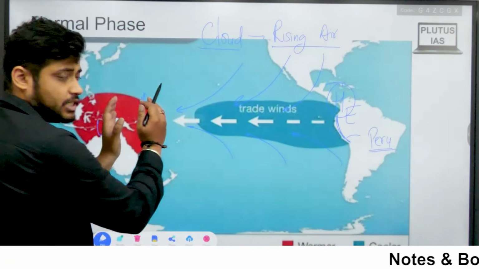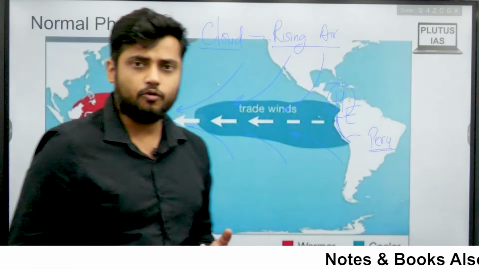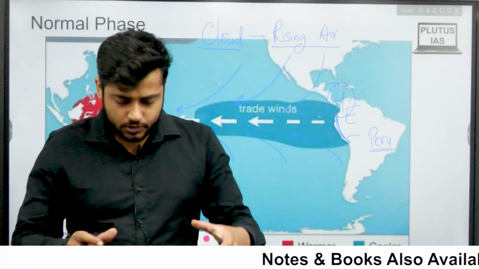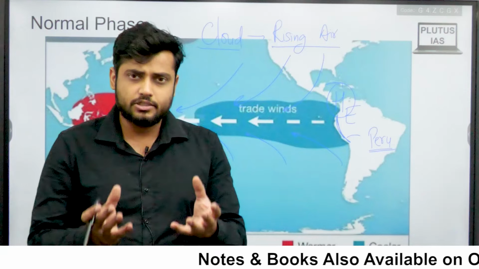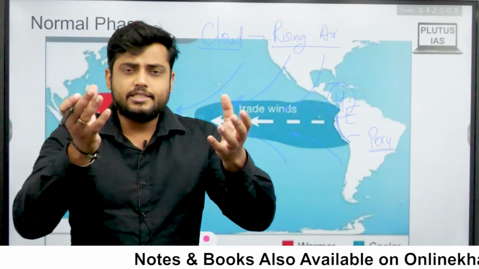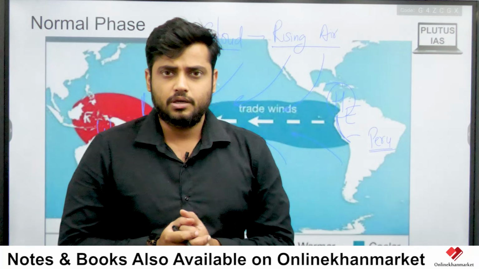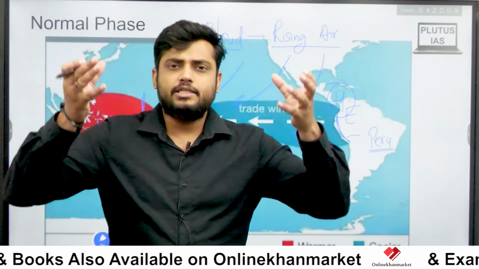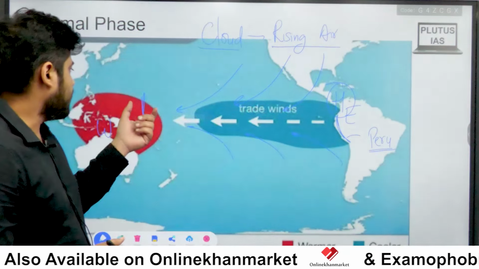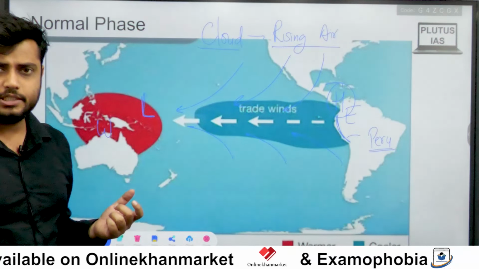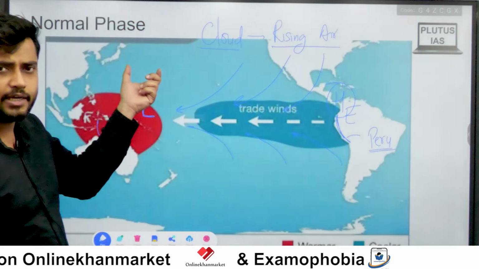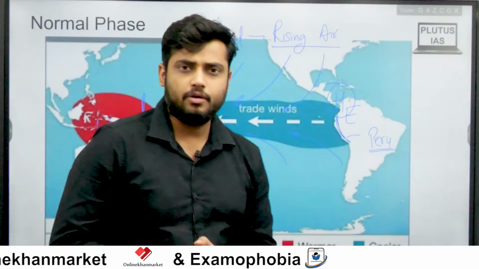Over the warm surface the air starts to rise, and it is the pressure of the air which we call atmospheric pressure. So if the air above you is rising, the pressure will decrease. The rising air always forms low pressure. The air is rising here, the clouds will form and there will be rainfall.